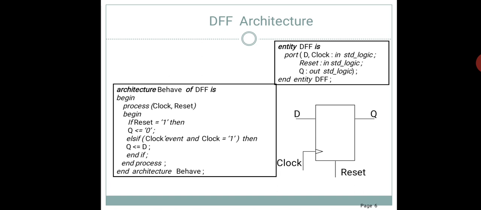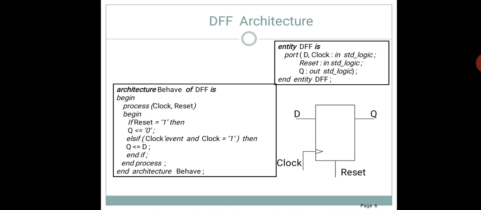Else if, now here we have considered the attribute clock'event and clock is equal to 1. This attribute represents that a clock event is taking place, that is, the clock is changing from either low logic to high logic or high logic to low logic.